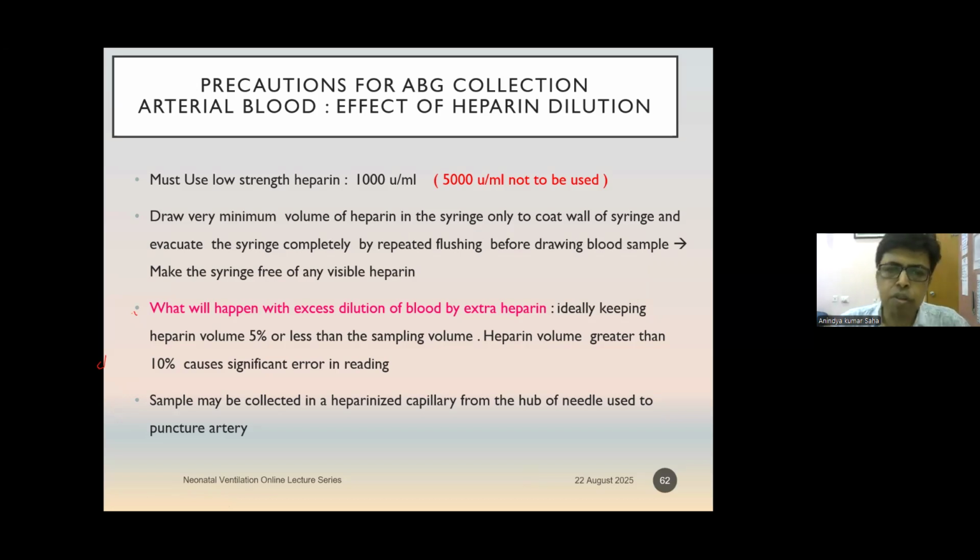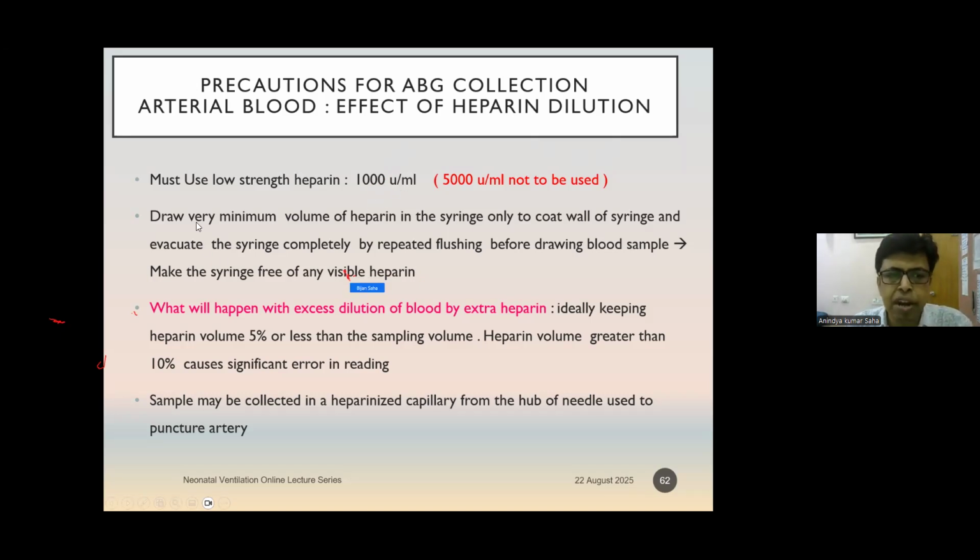We have noticed that the heparin concentration supplied at the ward, if we do not ask specifically, is most often 5000 units per ml, but that will increase the heparin concentration as a diluent and erroneously change the values. So we must use a heparin concentration of 1000 units per ml.